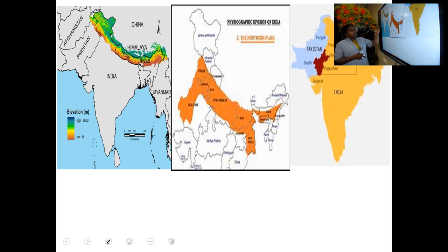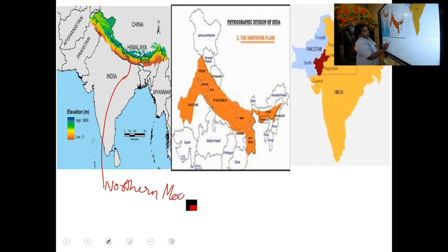So, we studied that the first natural region in India is the northern mountains. The northern mountains consist of the Himalayas. Okay.